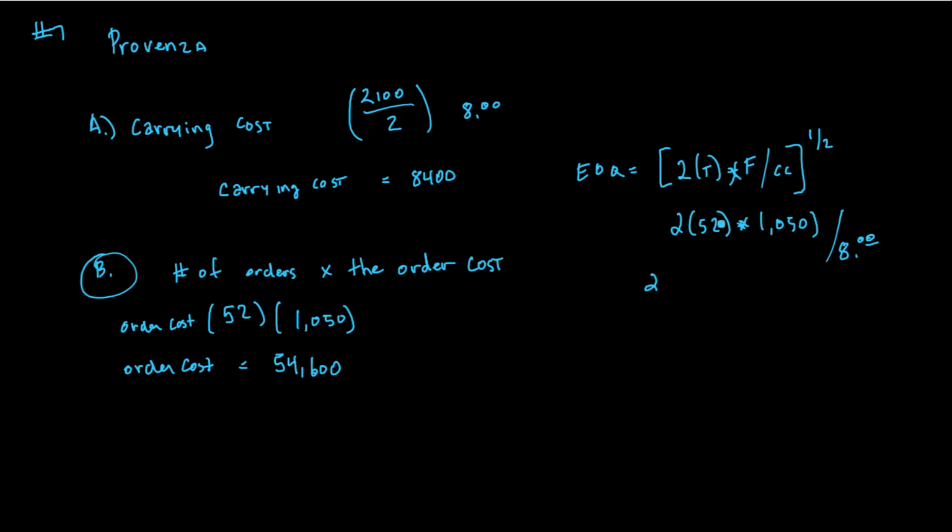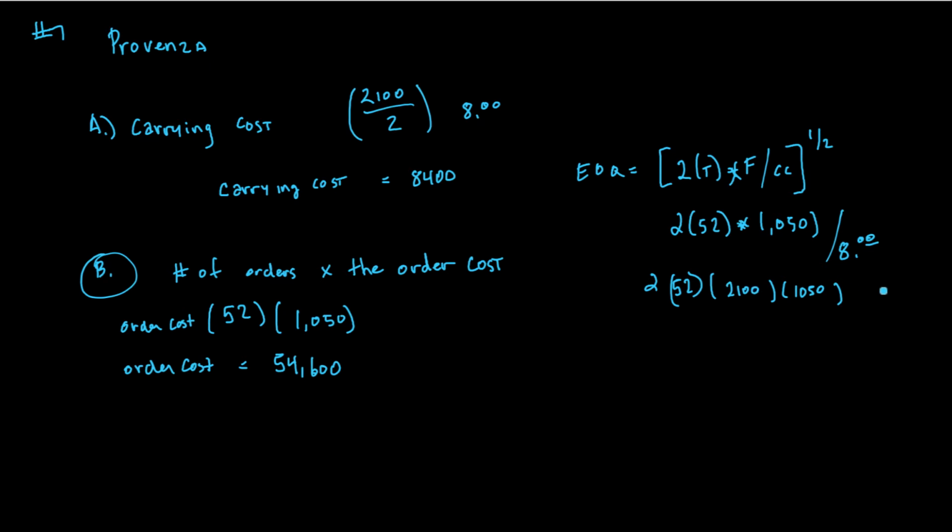The 2, the T is going to be the 52, the number of times we order, times our F, which is our fixed cost, the 1,050, and then we need to also multiply by the 2,100, because those are the number of assembly switches that we use.